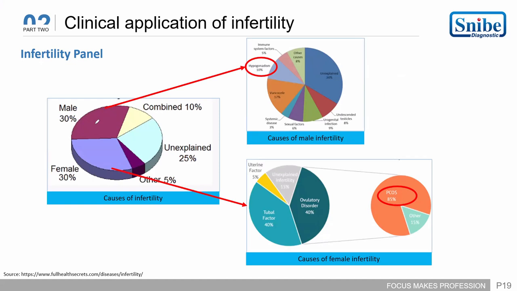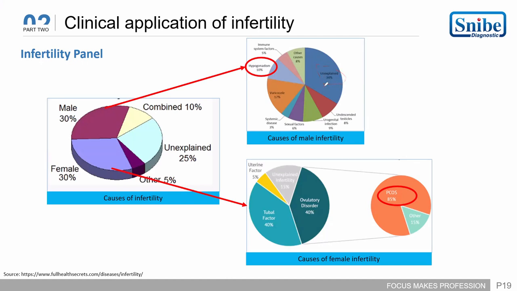If you focus on just the 30% male infertility panels, that 30% male infertility cause contains 10% hypogonadism and 5% immune system factors, and still 34% is unexplained.